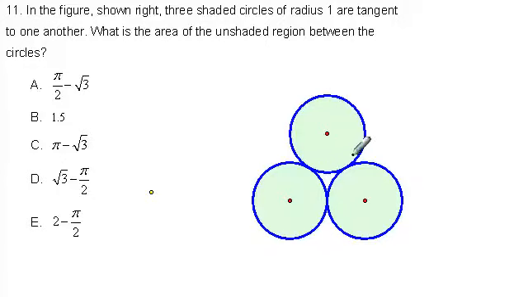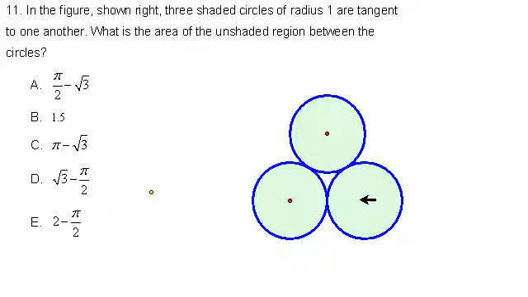It is given that each circle has a radius of 1, and these three circles are tangent to each other. To find the answer, I am going to use a diagram which might help you to see the explanation.